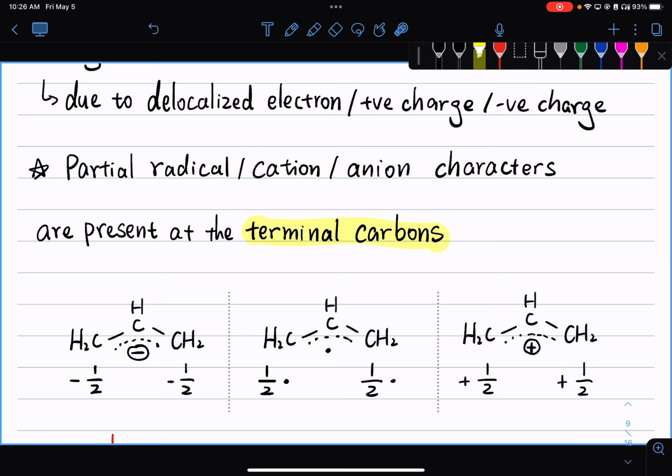So if you are to remember anything, these are the take-home messages you need to remember. First of all, allylic compounds are stable. With an allylic compound, you just have a double bond adjacent to that group. It's stable because of electron delocalization. And these partial radical, cation, or anions are always on the terminal carbons. Any questions on the allylic before we move on to do problems together?